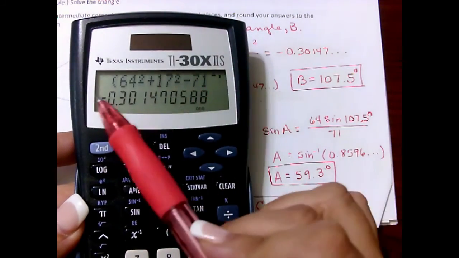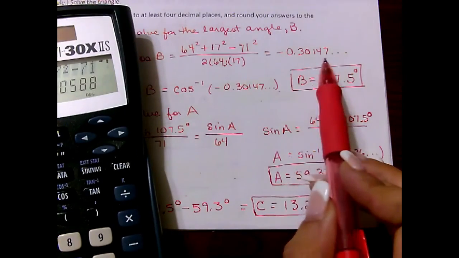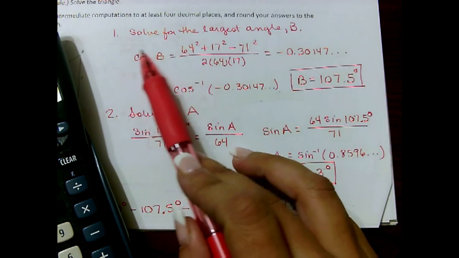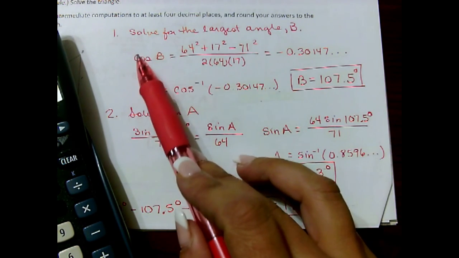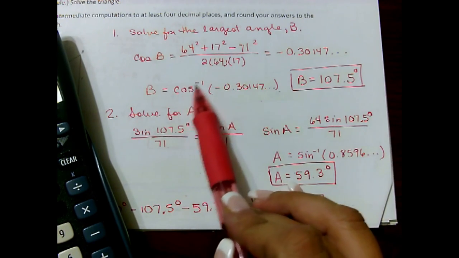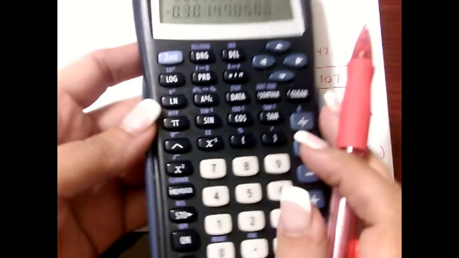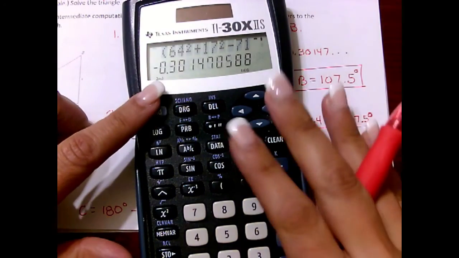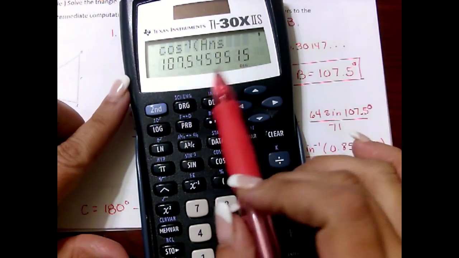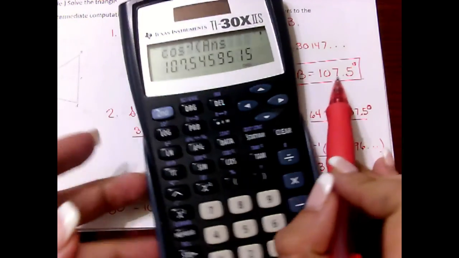So here's the ratio that I got, which I have equal right here. Remember, we have a cosine B. We need to isolate the B and take this cosine over to the other side. So we need to do second cosine and then our answer. So let's do that. And there's 107.5, which is my angle B here.